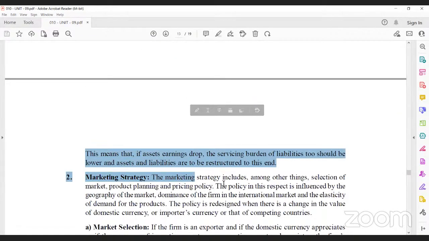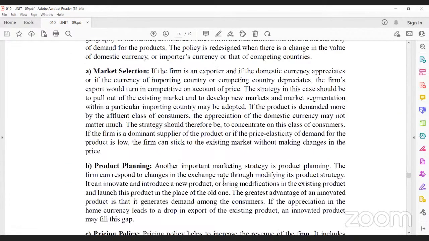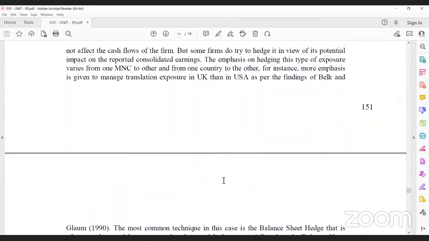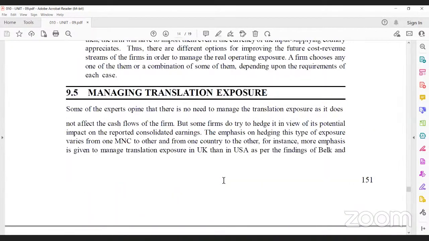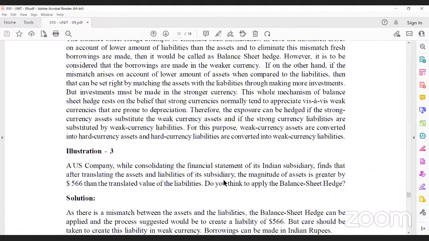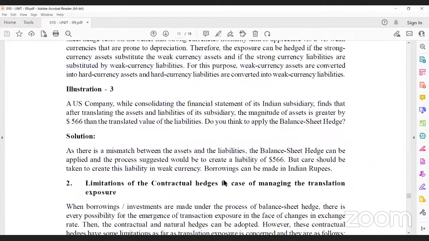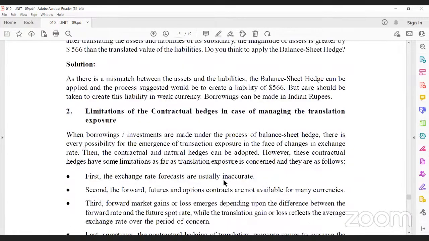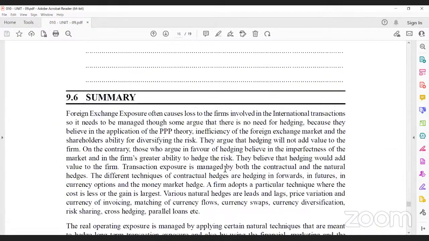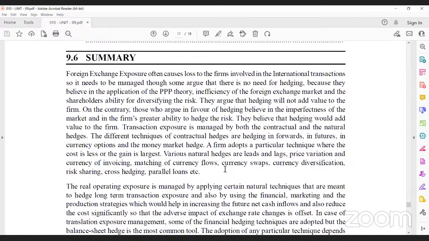So here, all in all, we can see the production strategy. Managing translation exposure: how do you manage the translations? Balance sheet hedging, limitations of the contractual hedges in case of managing the transaction exposure, etc.